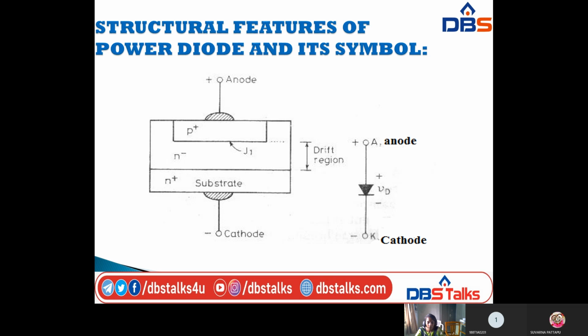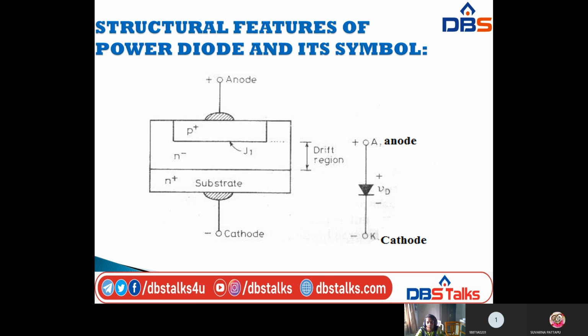All of you know that a diode has a P and an N side. On the anode side we have P plus, a heavily doped region, and this middle region is the drift region, built on the substrate. On the cathode side we have N plus. P plus means holes.